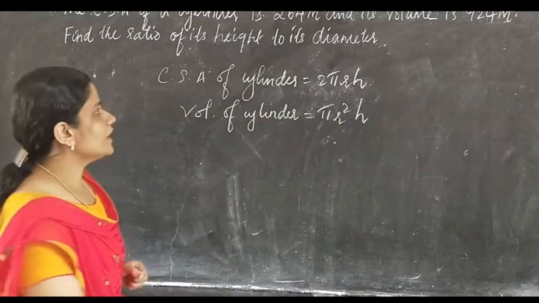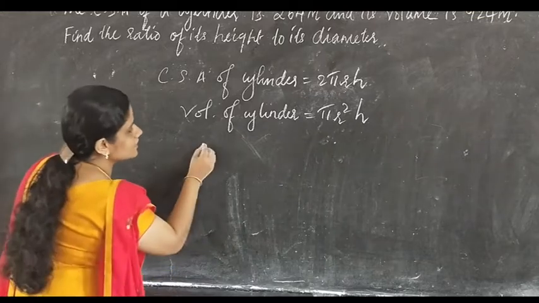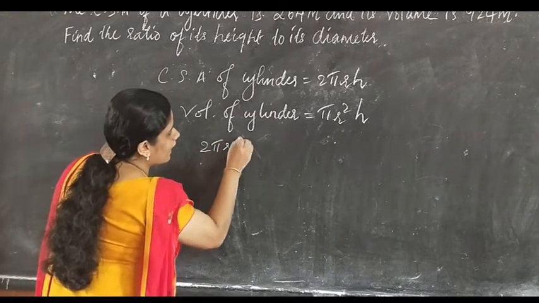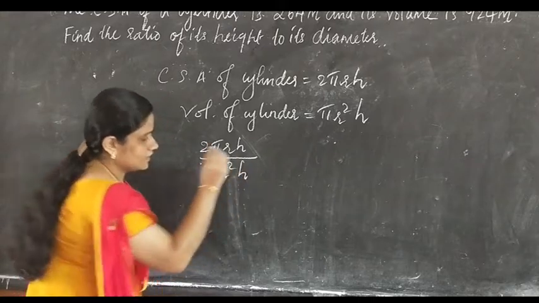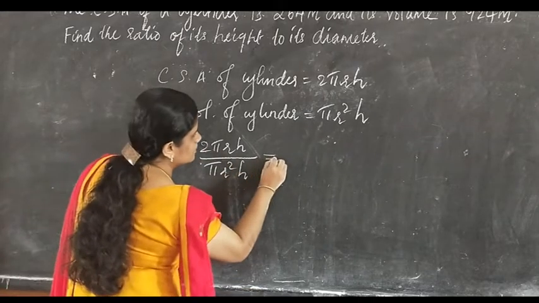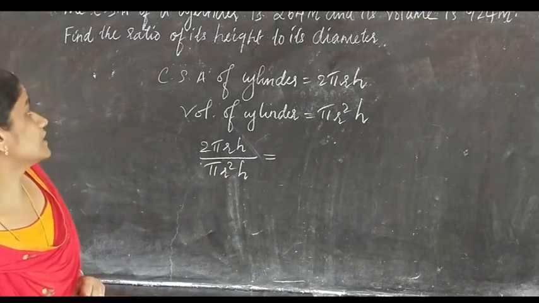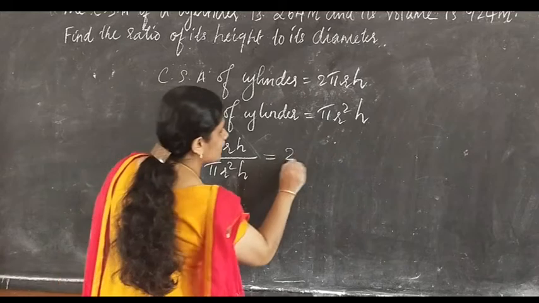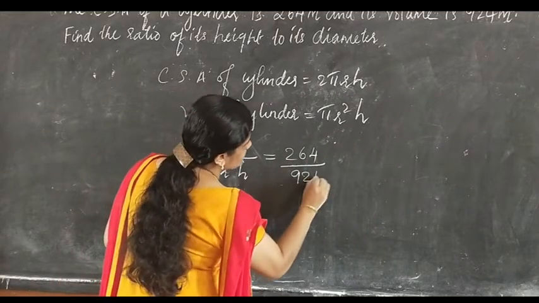Okay. Now here the question is ratio. So we know how we can find it: 2 pi r h by pi r square h is equal to the curved surface area 264 by 924.